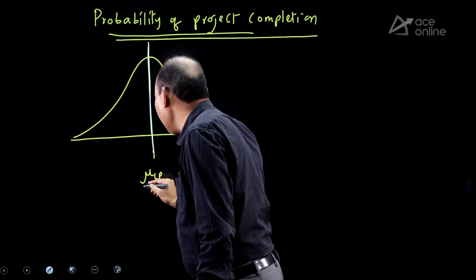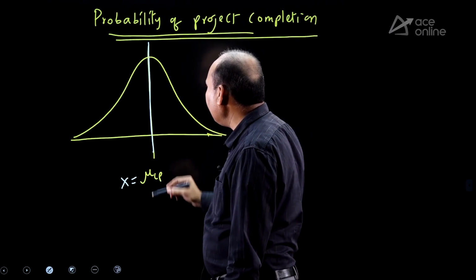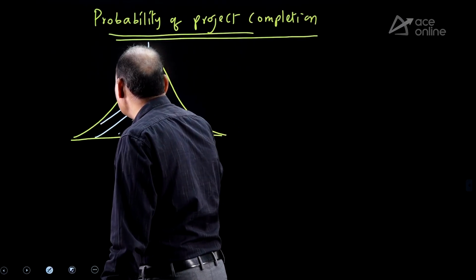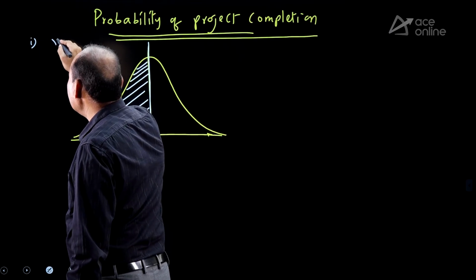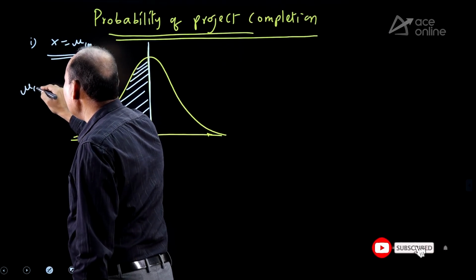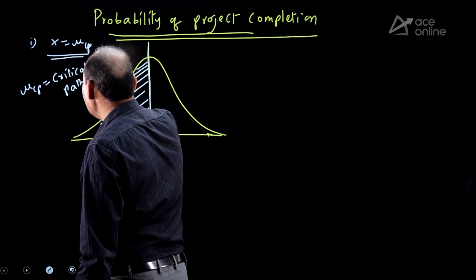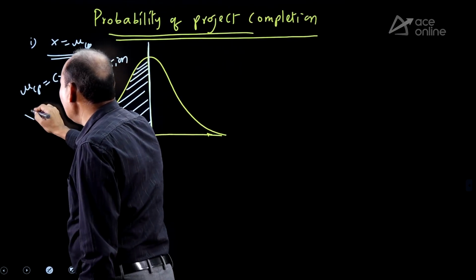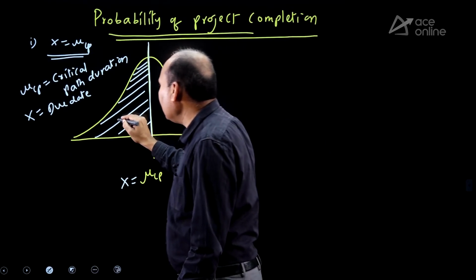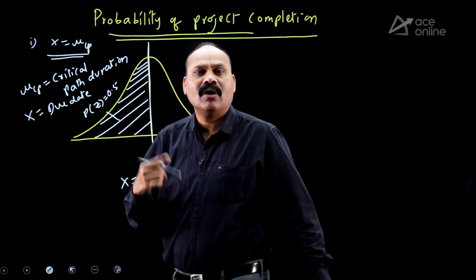If x is equal to mu CP, x is nothing but the due date. What is the probability of completion? 50%. This is case 1: x is equal to mu CP. Mu CP is equal to the critical path duration, and x is the due date. So if the due date matches the critical path duration, the probability of completion is 0.5, or 50%.